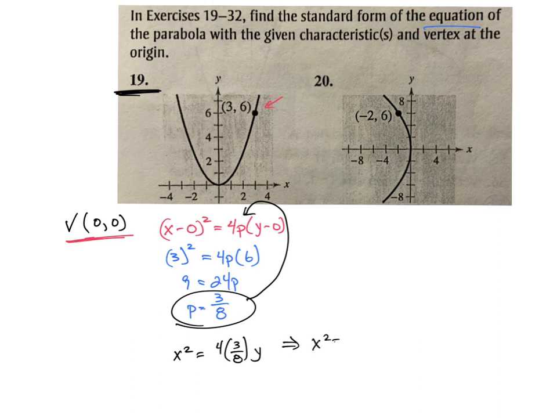So I'd have x squared is equal to 3/2 y. Pretty good. If I wanted to, what would be my focus? 0, 3/8. If I wanted to, what would be my directrix? y equals negative 3/8.